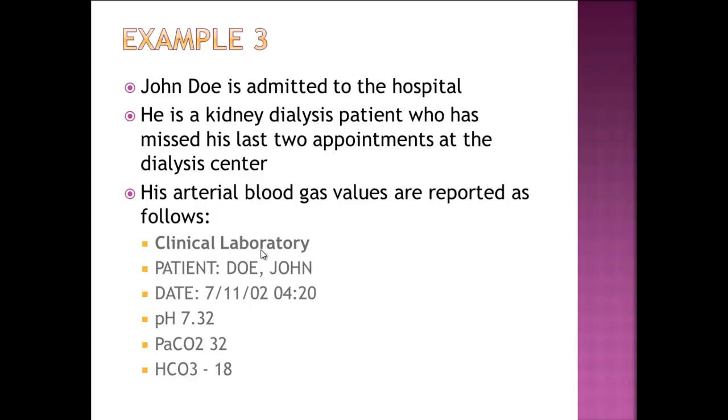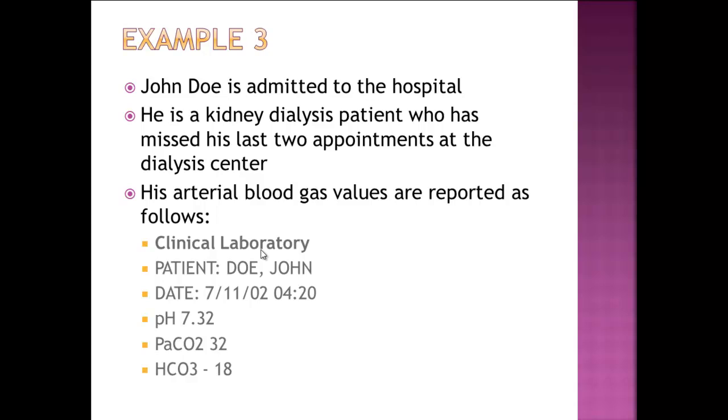The arrows of the pH and the bicarb are going in the same direction, and the arrows of the carbon dioxide and pH are also going in the same direction, which means it cannot be respiratory, it must be a metabolic disorder. So this seems to be a metabolic acidosis.